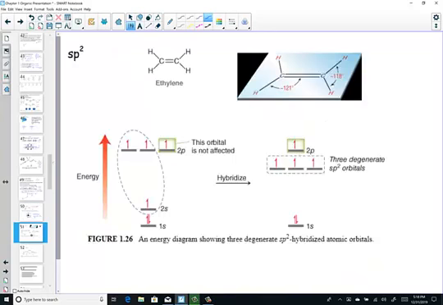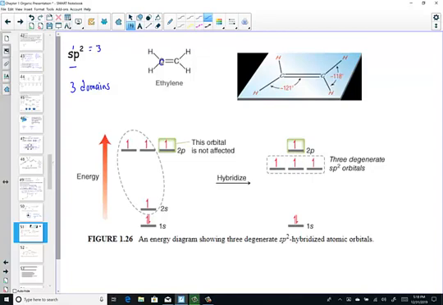Let's look at another common hybridized orbital in organic chemistry called the sp2 hybridized orbital. Notice here s1p2, those exponents add to 3, so that means we have 3 domains. And sp2 has 3 domains, and a domain is either a bond or an electron pair.